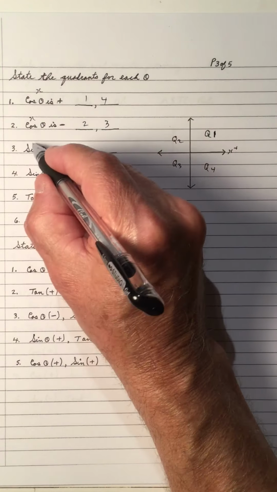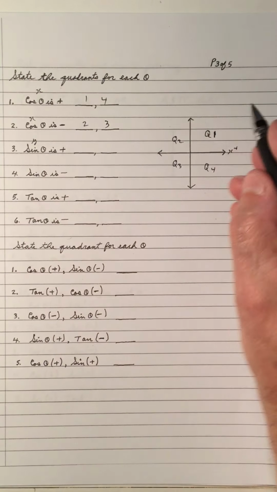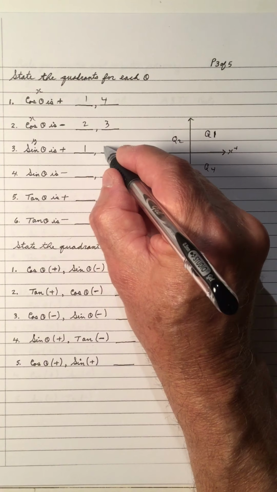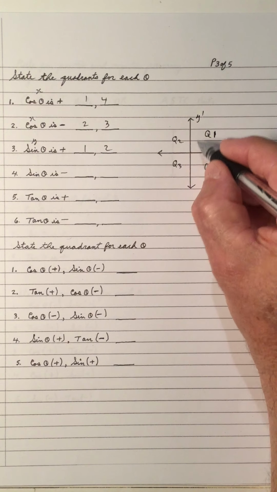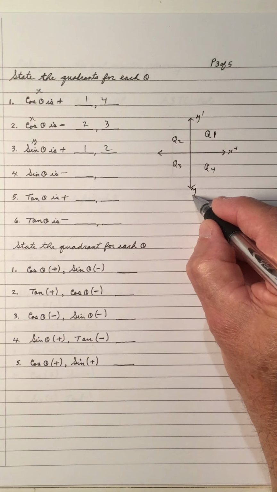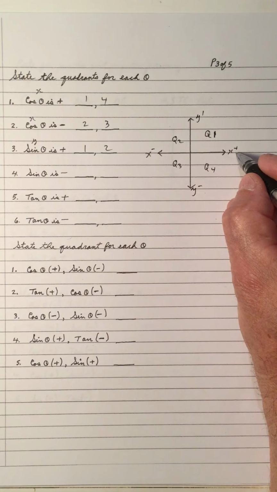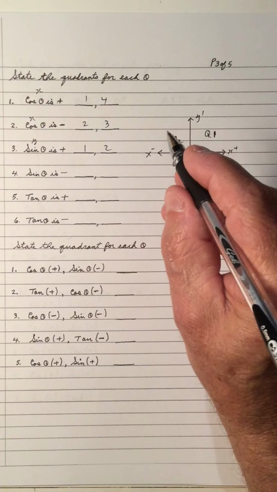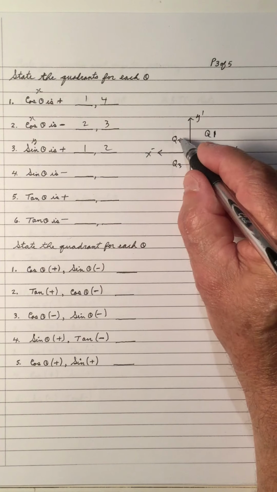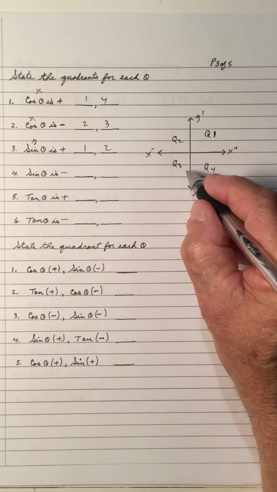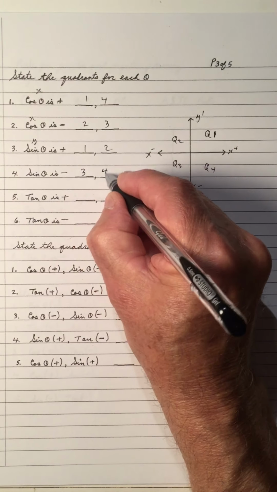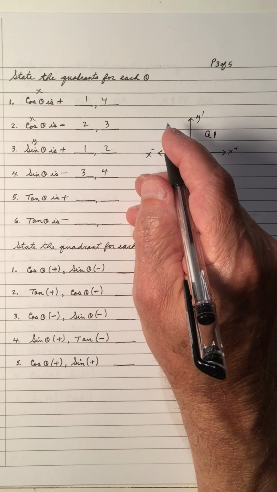If sine is associated with the y, it is positive in 1 and 2, y is positive up, y is negative down. x is positive on this side, x is negative on this side. So y is positive in 1 and 2, it must be negative in 3 and 4. So where's it positive?